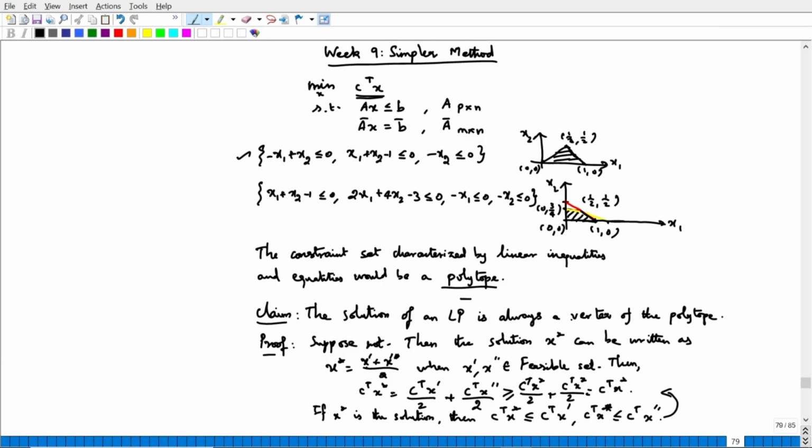Okay. So maybe I should have written this claim a little differently; I can correct this claim as follows. So, a vertex of the polytope of the feasible set, you can say feasible polytope, is always one of the solutions.